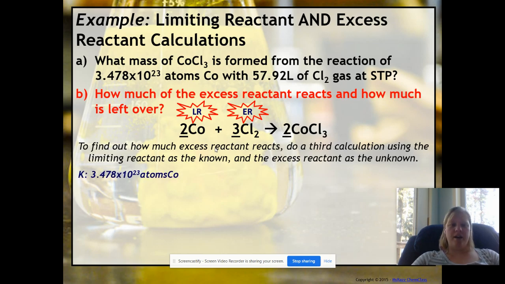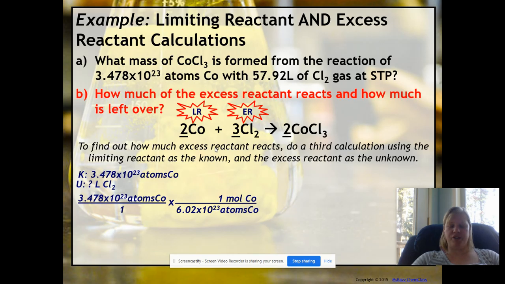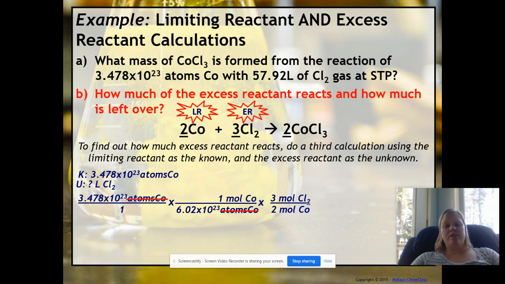So if we're given 3.478 times 10 to the 23rd atoms of cobalt, okay, we're just going to use Avogadro's number and turn that into moles. Then we're going to use this mole ratio of our limiting reactant to excess reactant right here. So we have 3 moles of chlorine used with 2 moles of cobalt. Okay. We're going to grab our 22.4 liters to convert that.